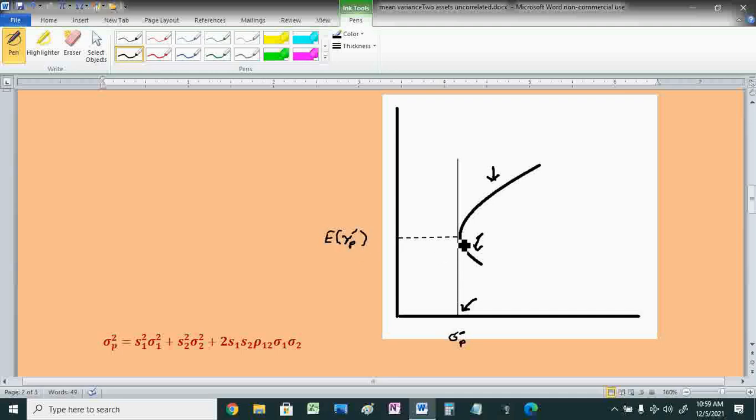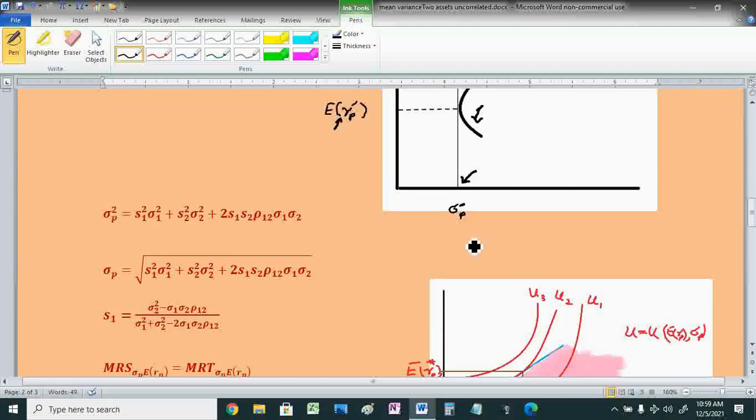And we want to find out the portfolio which will give us this minimum standard deviation, and associated with that its expected rate of return.